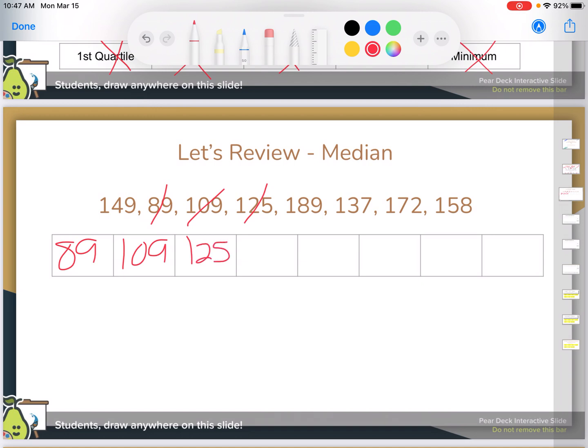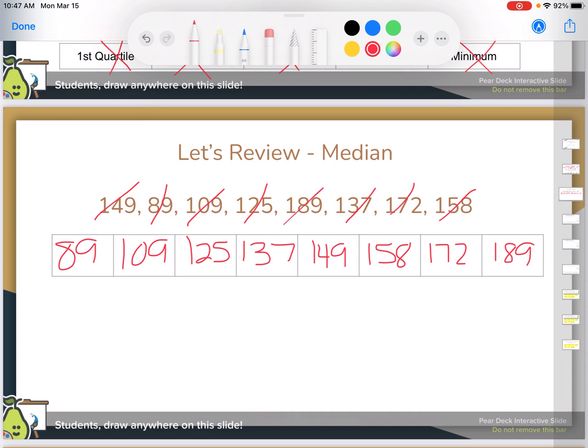Then I see 137. Then I see 149, 158, 172, and then 189.